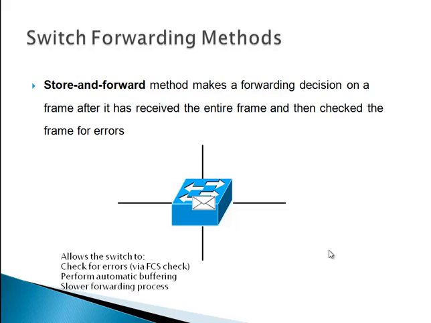This type is very slow because the switch is storing all the frames in the memory before it starts forwarding them. But it's very safe because it checks for errors, making sure there are no errors on the frame.